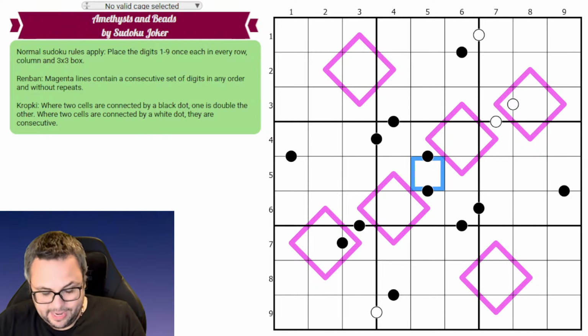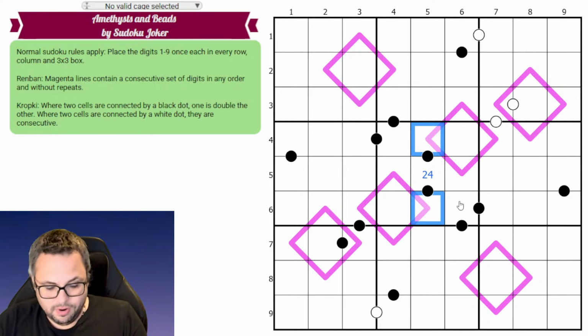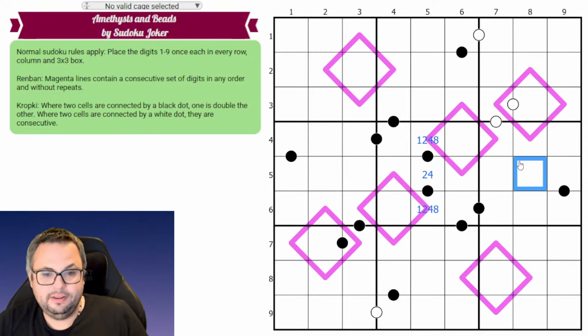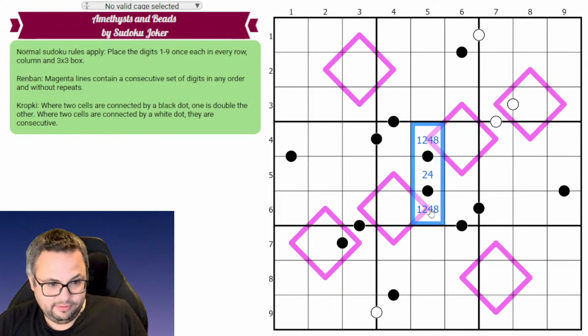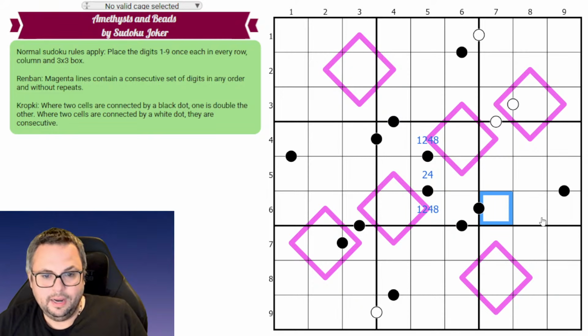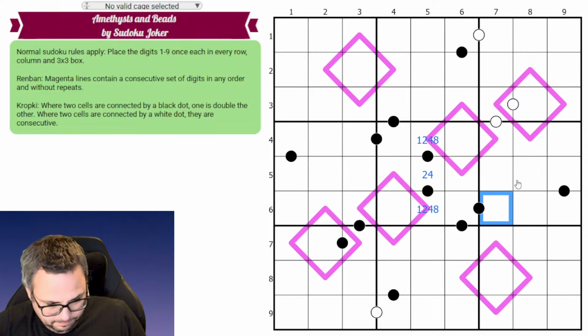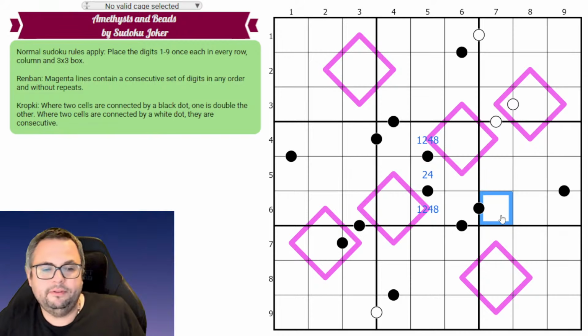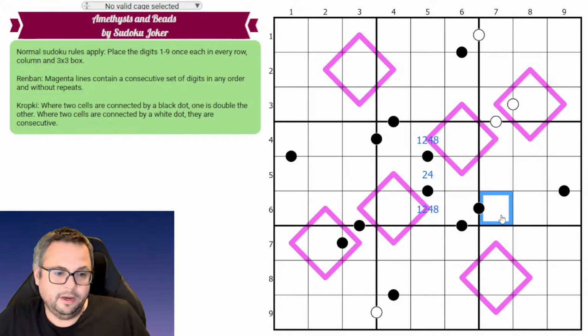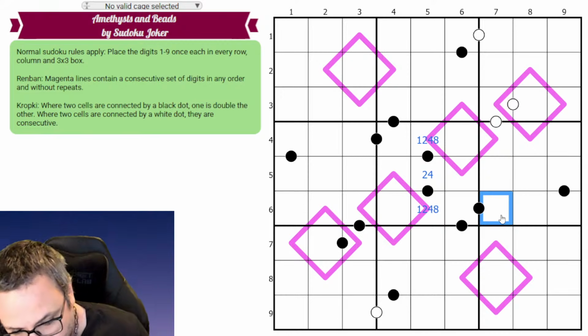Okay, so we've got a 2, 4, 1, 2, 4, 8 business going on over here with these cells. Killer's problem is that killer cages are ugly as fuck. And so it can't be S tier because it's too hideous.